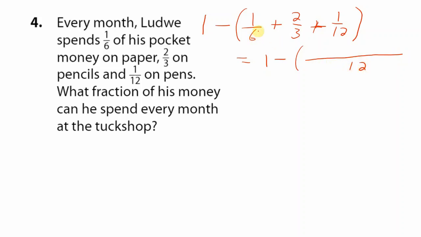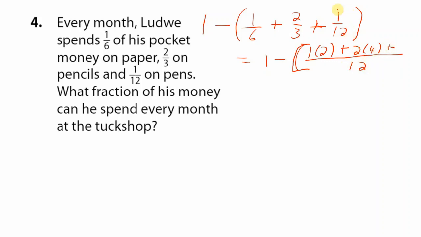So we know 6 times 2 gives 12. What we do to the bottom, we have to do at the top. Plus, let's make it a bracket like this to distinguish between our inside brackets. 3 times what gives 12? 4. So since we multiplied the bottom by 4, we need to multiply the top as well by 4.